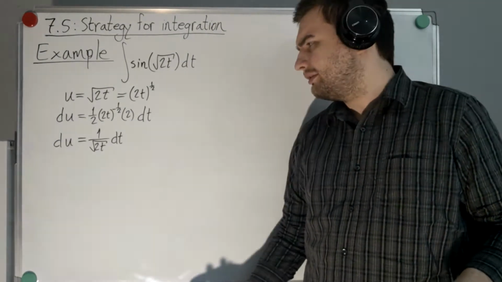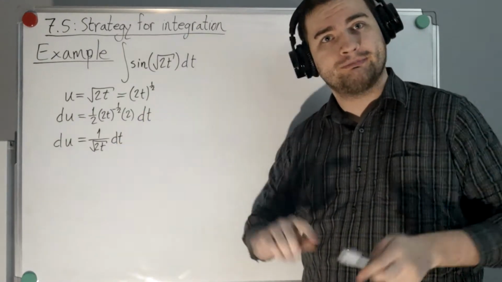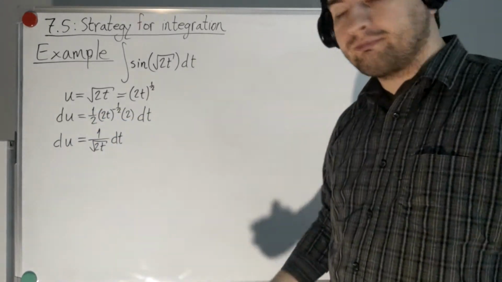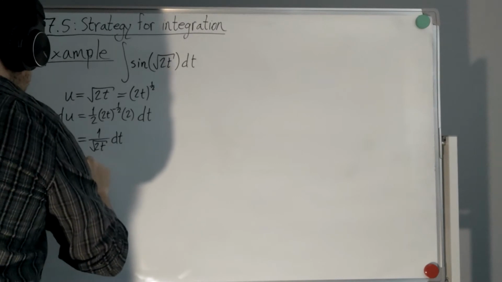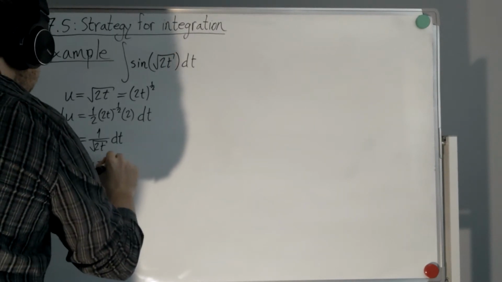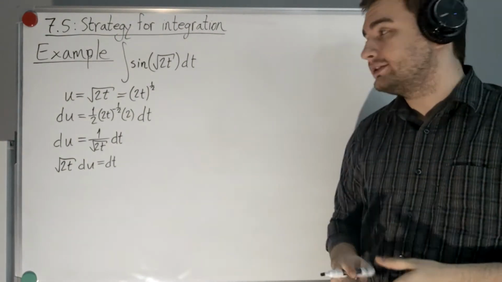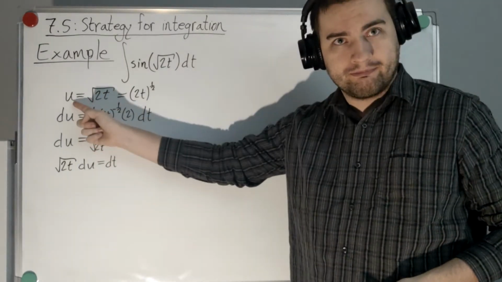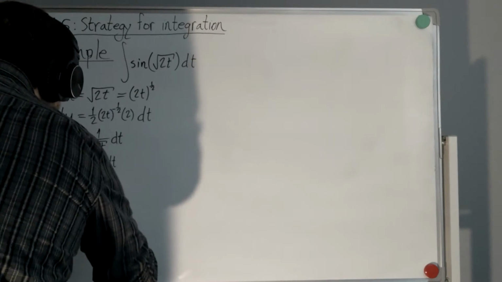And it's like, okay, but where are we going to put this thing? Well, we can move this over to the other side of the equation. We can say that this is the square root of 2t times du equals dt. And if the square root of 2t is the same as u, then this can be understood as u du, and that's the same as dt.